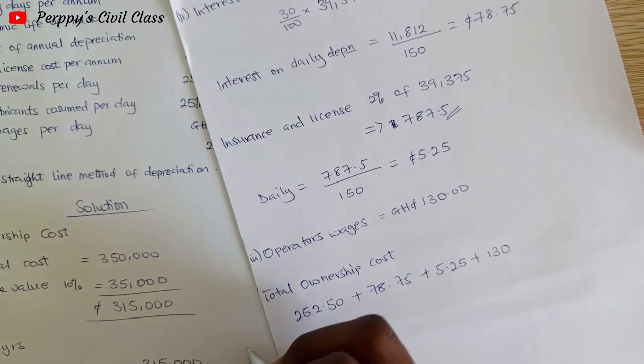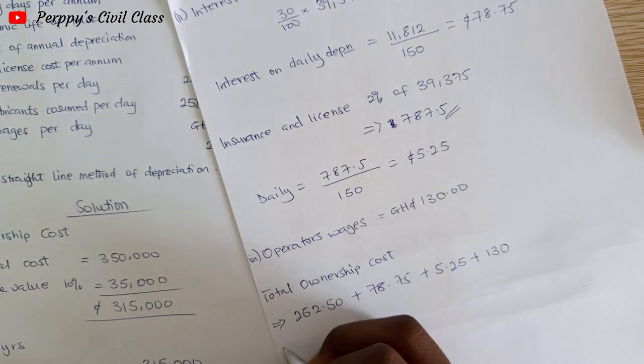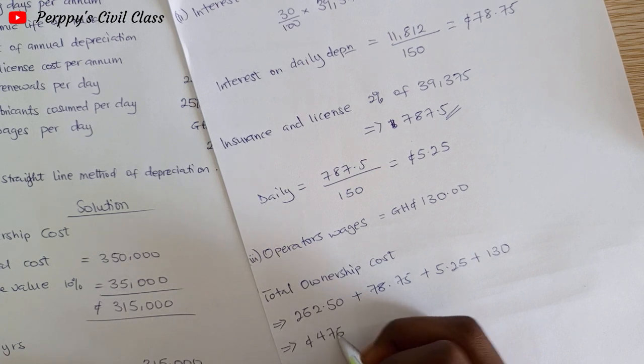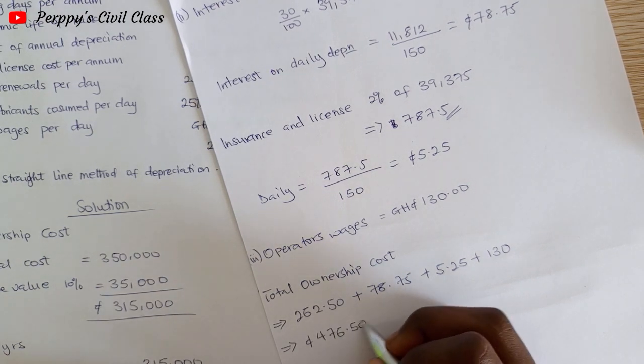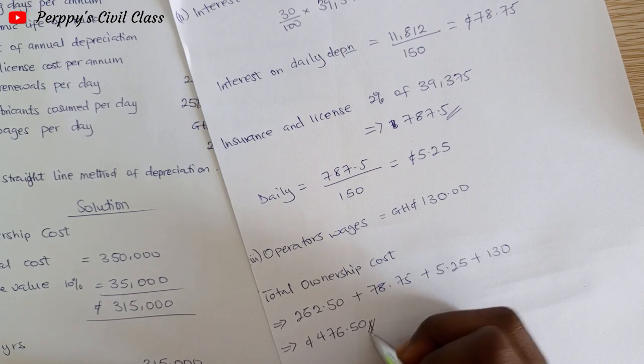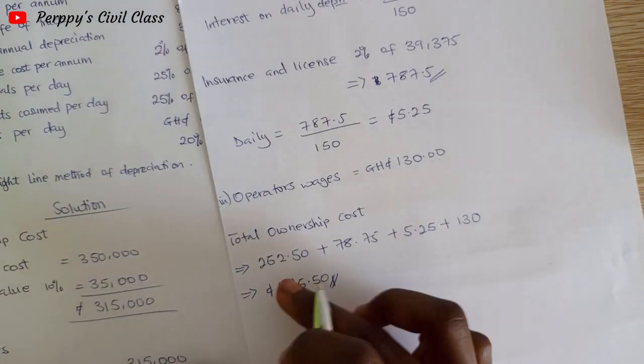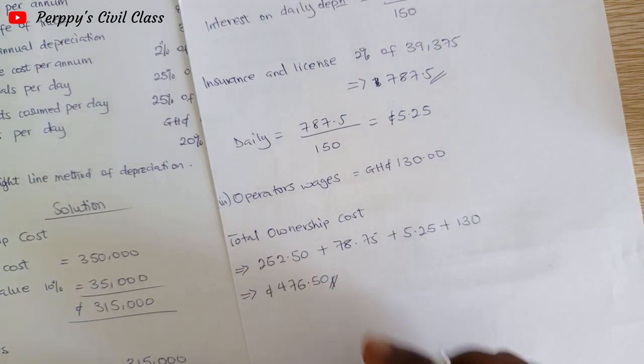The summation of all this gives us 476.50, that is 476 Ghana cedis 50 pesewas, just for the ownership cost.